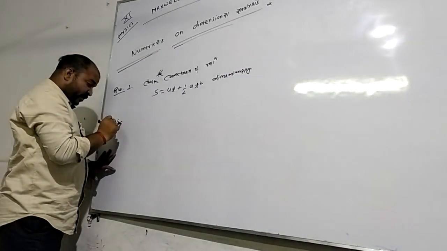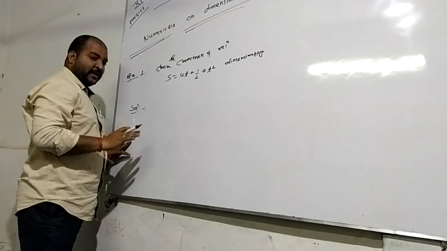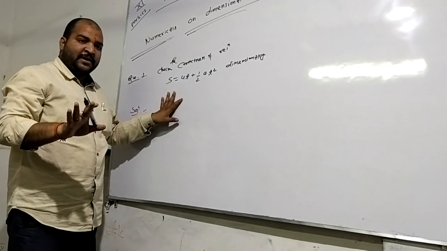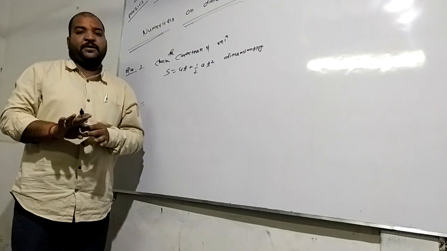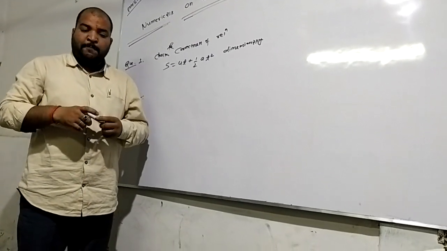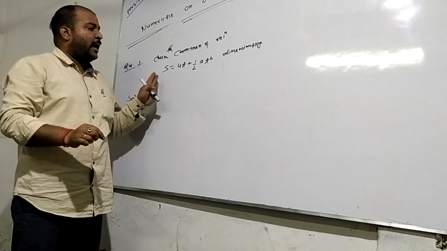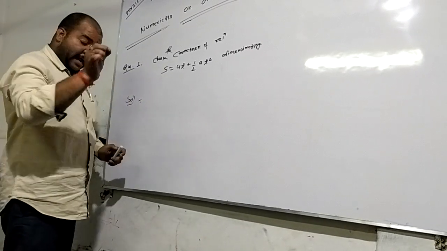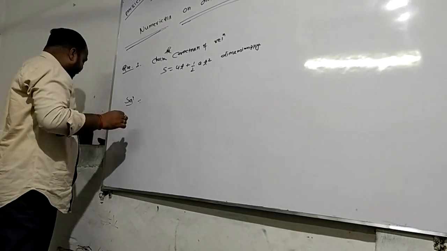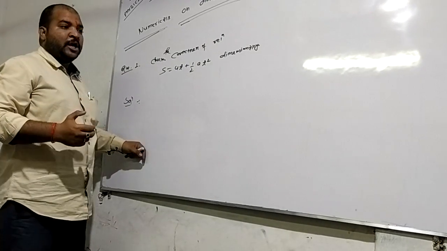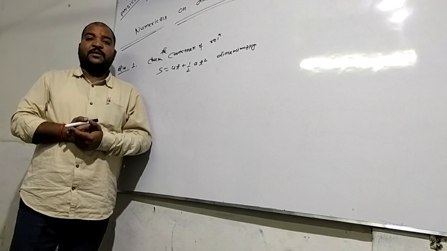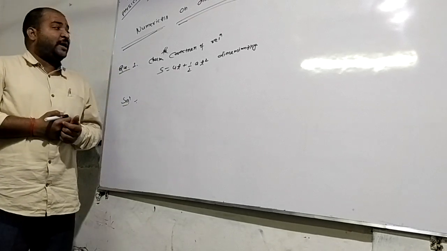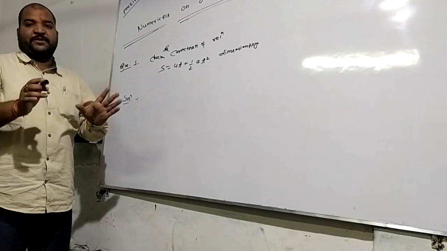As we have discussed in the lecture, to check correctness, we simply put the dimensional formula of both side quantities, and if the dimensions, that means the powers of the fundamental units, on both sides are the same, then the given relation is correct, otherwise not.